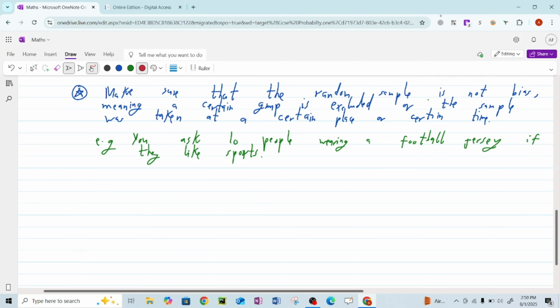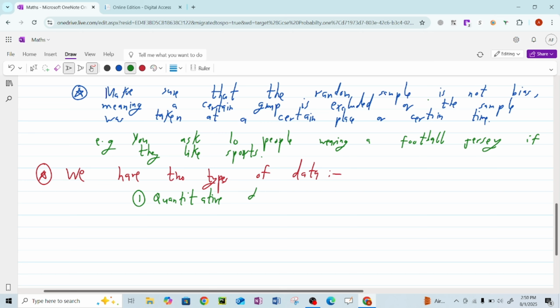Okay. We have to know some things over here, that we have two types of data. Quantitative data and qualitative data.